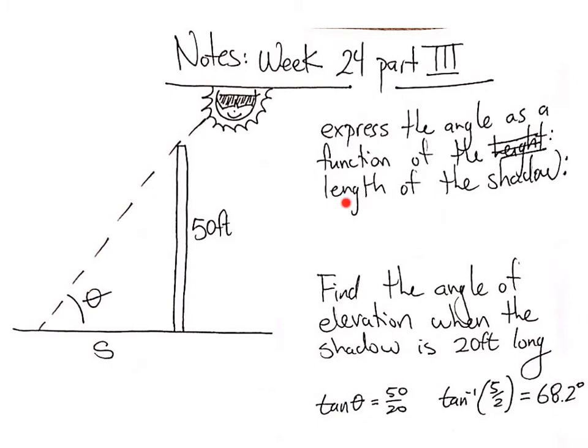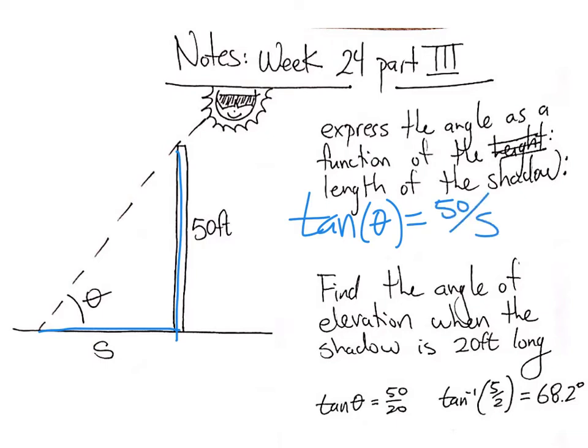So, for the first part of our question, we know that this is the adjacent side and this is the opposite side. So we could say that the tangent of theta is the opposite over the adjacent, and what we're looking for is the angle as a function of the length of the shadow.